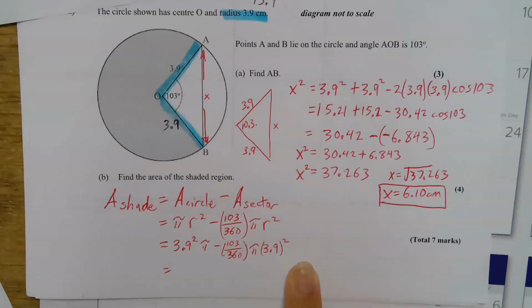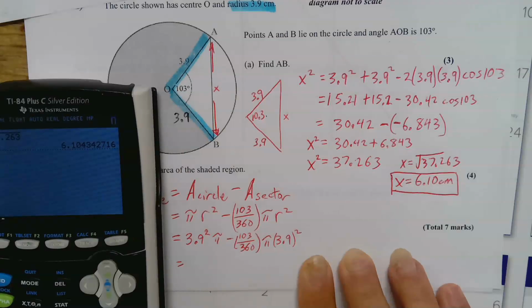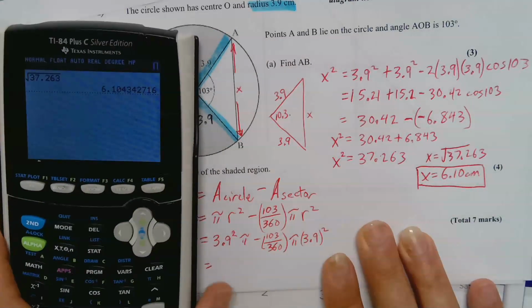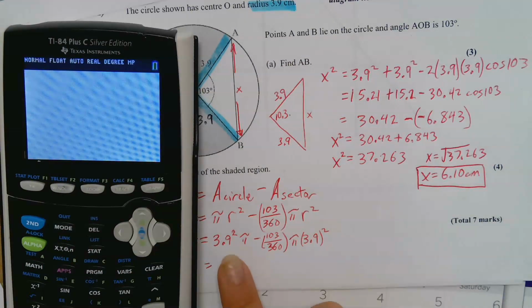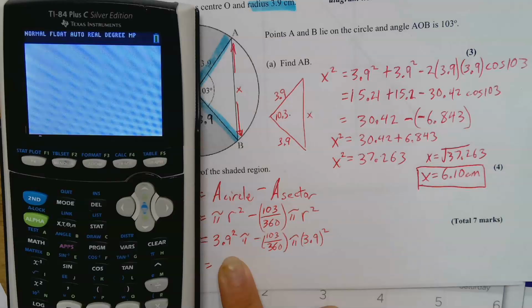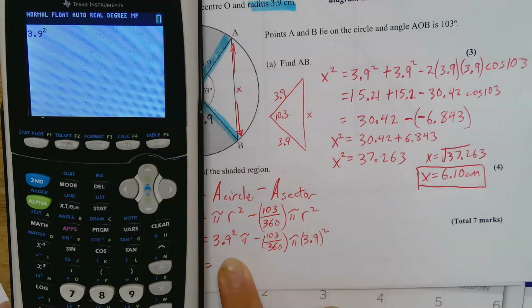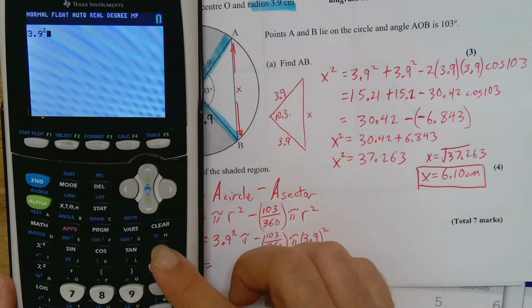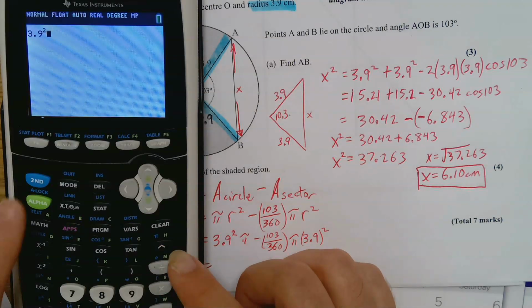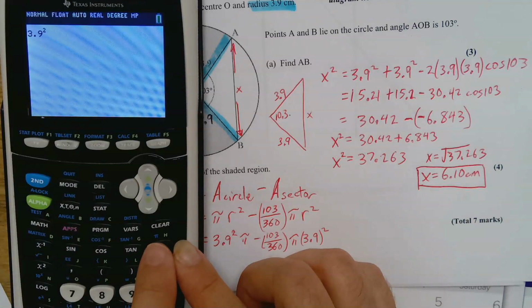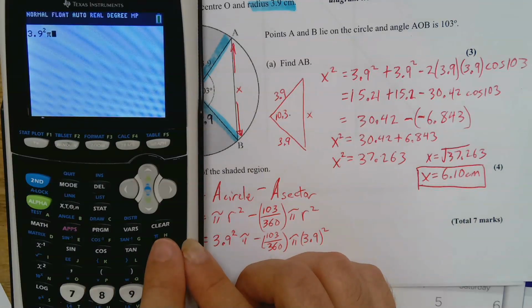Okay, some students were telling me they didn't know how to get the pi on the calculator. So what I do is, here I have 3.9 squared, and then times pi. So to get pi, notice here in blue, I've got the pi symbol. So I have to push second and then this button right here, and that's going to give me the pi.